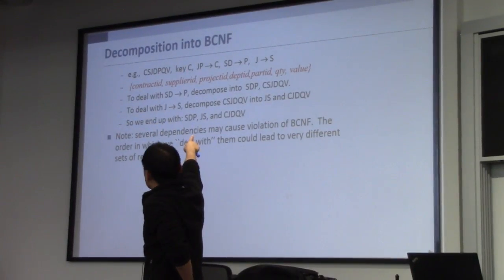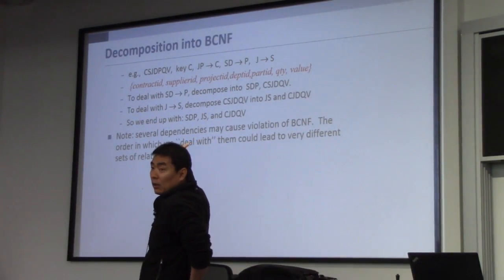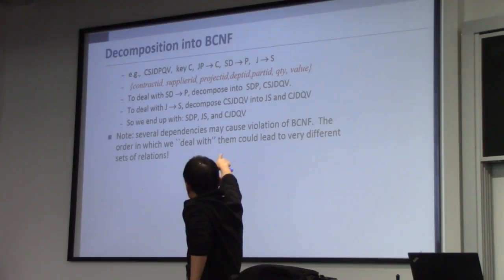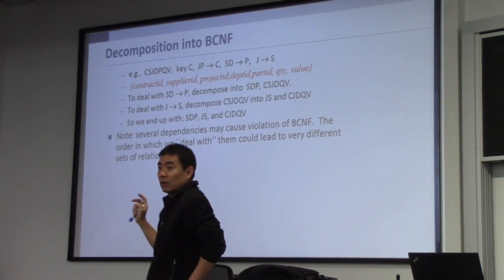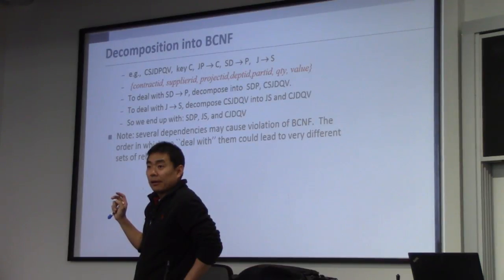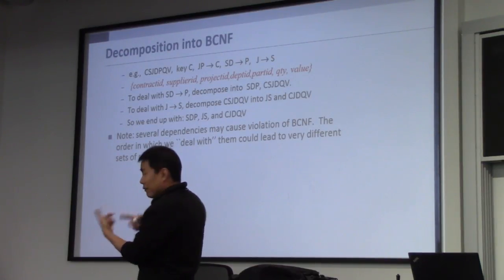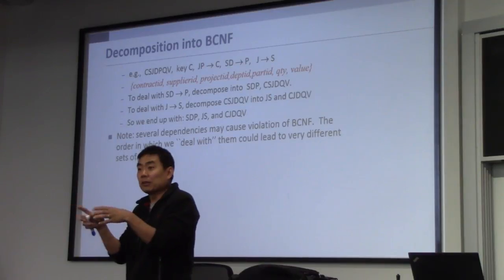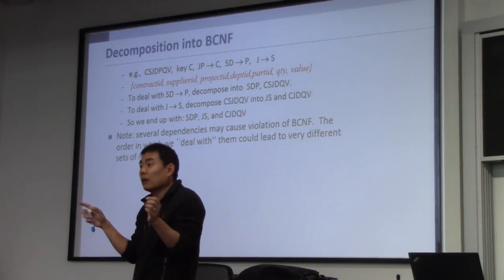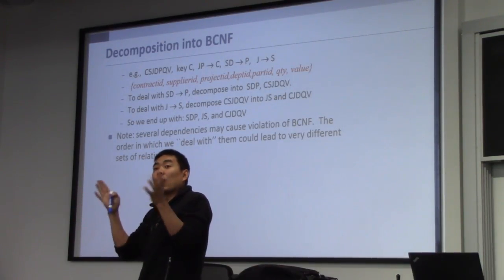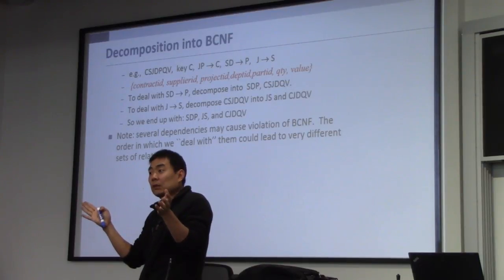But you can also deal with J determines S first, which gives you JS and CJDPQV. And if you further go from there, you will end up with a different decomposition, but that's okay. The point is, there could be more than one possible decomposition.